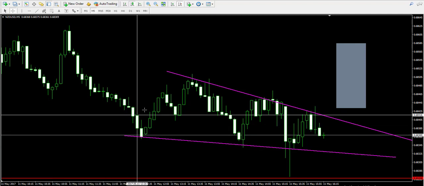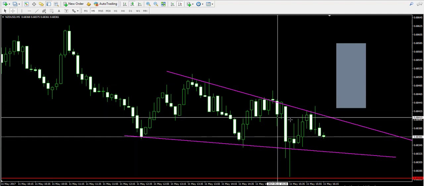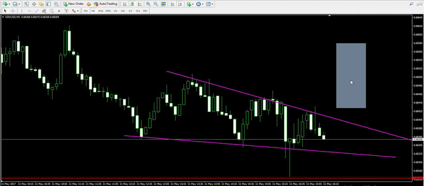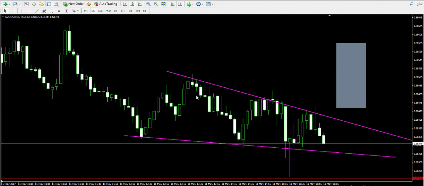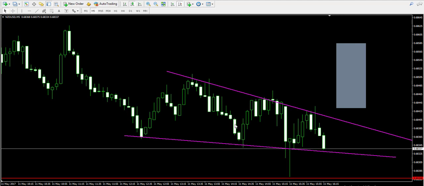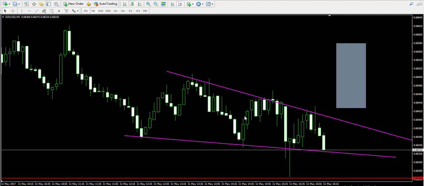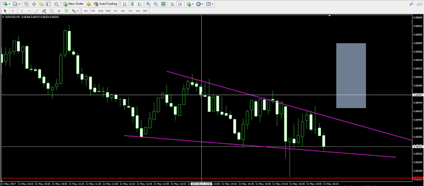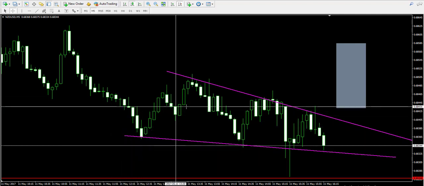But if the previous trend was bullish, we say that the wedge has continuation character. So no matter if the falling wedge will have continuation or reversal character, you should remember one thing. The potential of the falling wedge pattern is only bullish. Only bullish. No matter if the previous trend is bearish or bullish. And depending on the previous trend, the wedge could act as a continuation or as a reversal.